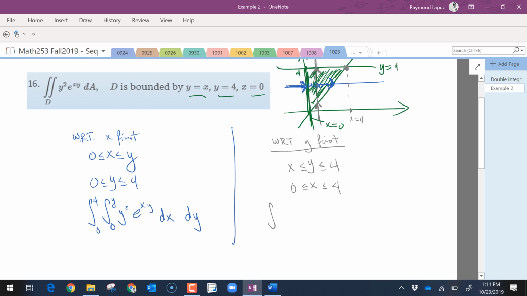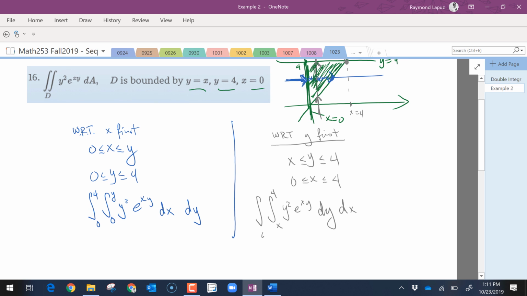The inner integral: y squared e to the xy with respect to y is going to go from x to 4, with respect to x, going from 0 to 4. Okay?